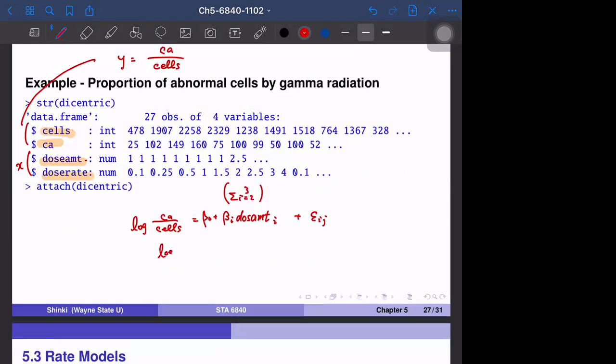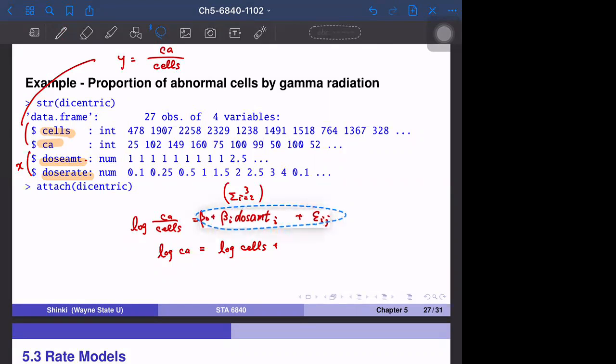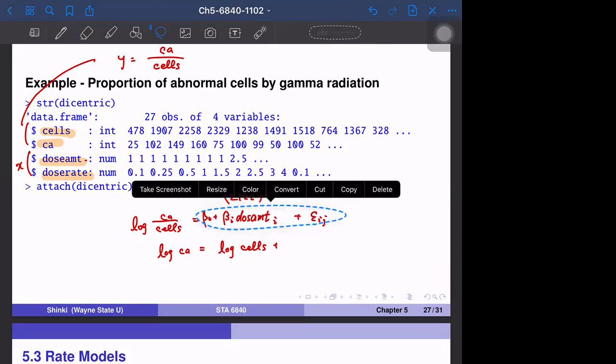We want to fit the model, but we actually want to use the log of Ca as y. So log of Ca is equal to log of cells plus beta naught plus beta I for the dose amount.